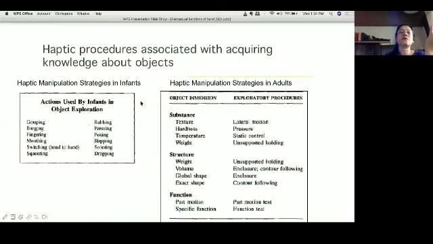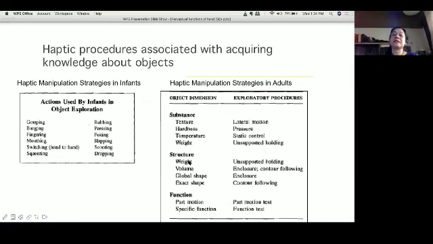Now these are some procedures which infants use, haptic manipulation strategies: grasping, rubbing, banging, fingering, mouthing, switching, squeezing, pressing, poking, slapping, scooting, dropping. And for adults, the object dimensions and exploratory procedures are given: texture, lateral motion; hardness, by pressure; temperature, static contact; weight, unsupported holding.